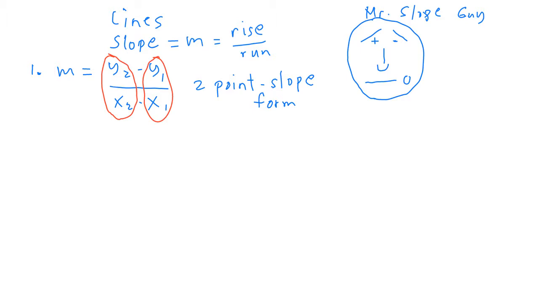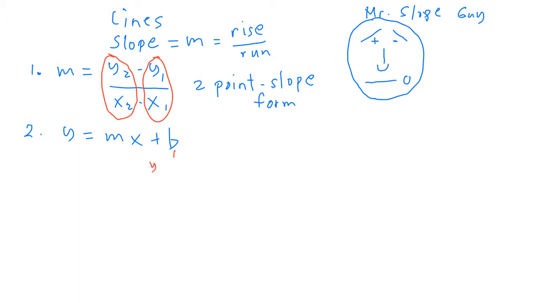And then that's solving for m. The next one is the equation of the line. That would be y is equal to mx plus b. We know m is the slope. B here is the y-intercept.